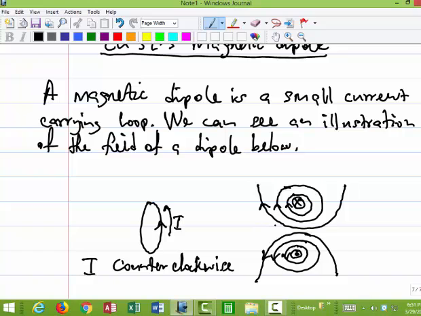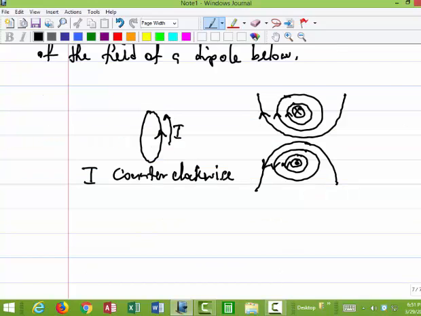Any questions on that? And then let's draw it on its flat face. I said the current was counterclockwise, so this is a current I, going this way, counterclockwise.